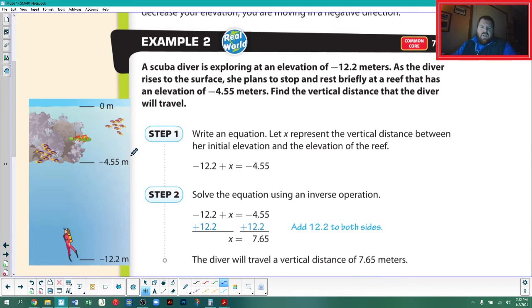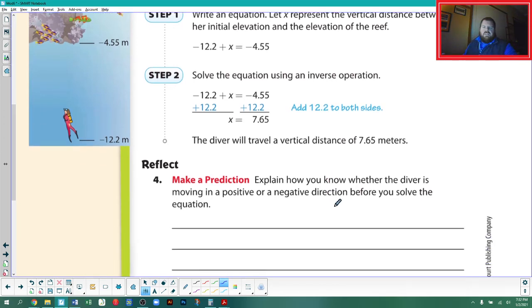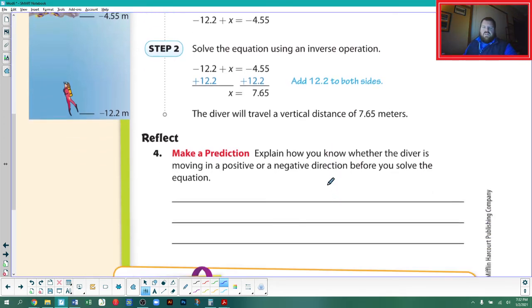Okay, so we know that negative 12.2 plus x is going to give us our negative 4.55. Or in other words, our starting location plus the distance we travel equals the ending location. Seems to make sense. So we solve that by adding 12.2 to both sides, and we get 7.65. Okay, traveling a vertical distance of 7.65.